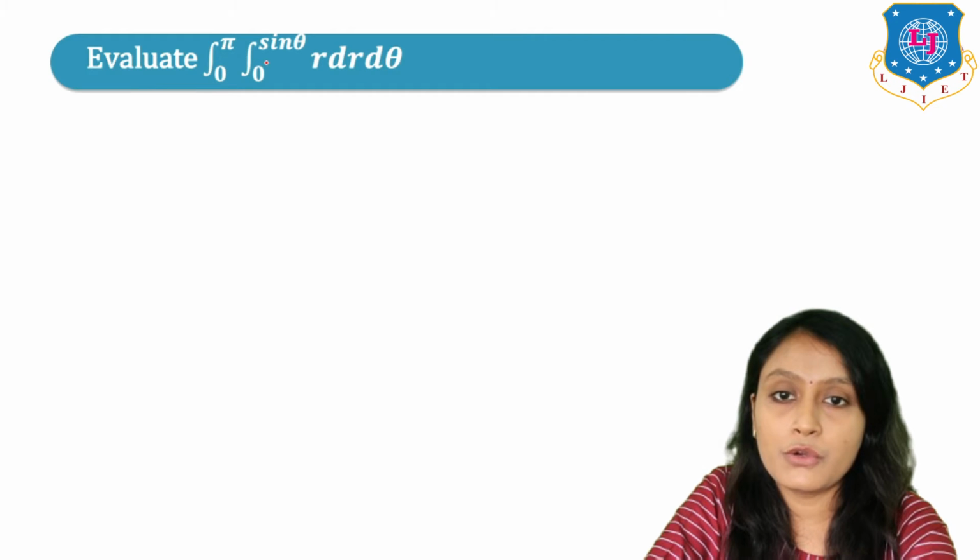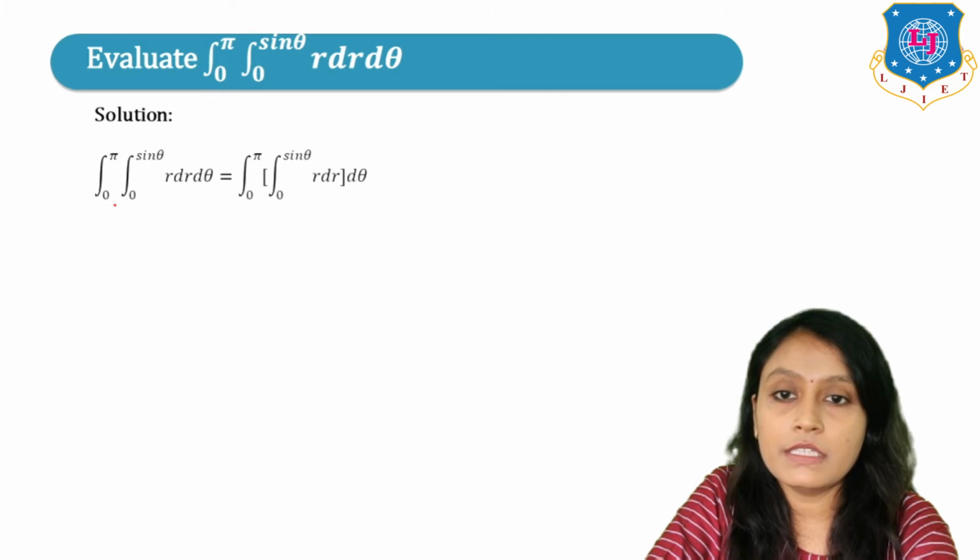Evaluate the integration from 0 to pi, 0 to sine theta of r dr d theta. So let's begin with the solution. The question is given, that is 0 to pi, 0 to sine theta, r dr d theta. Firstly we will integrate this with respect to r and we will keep theta constant.